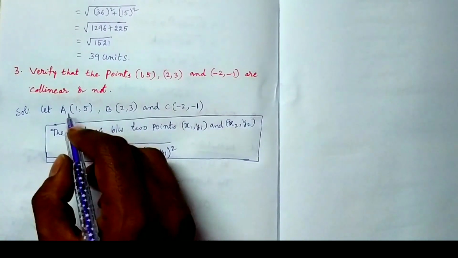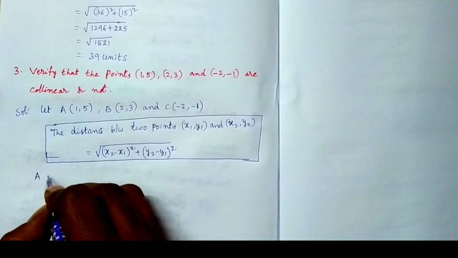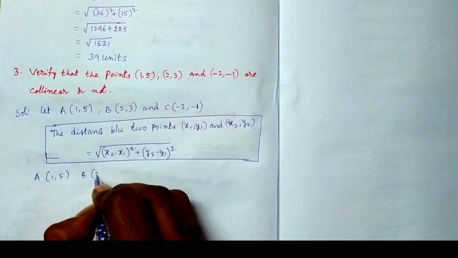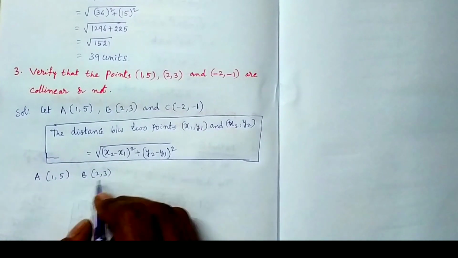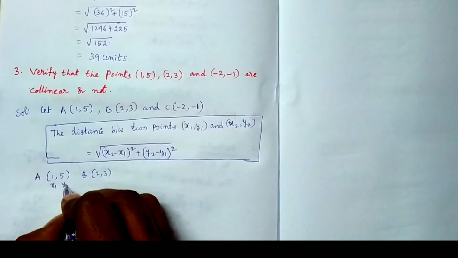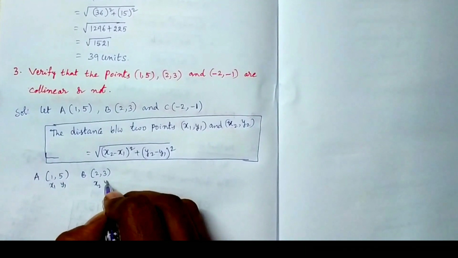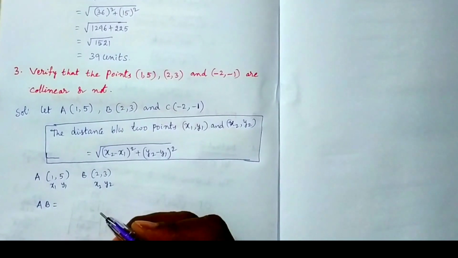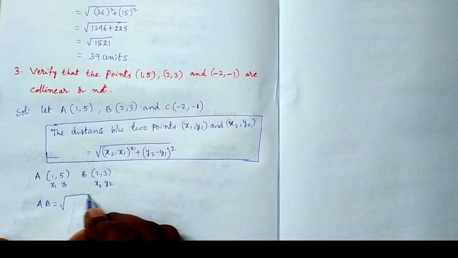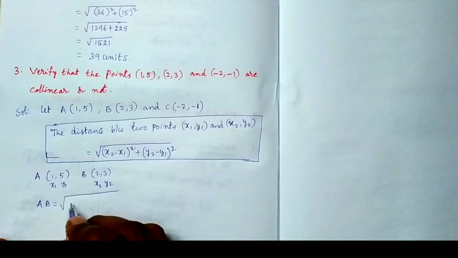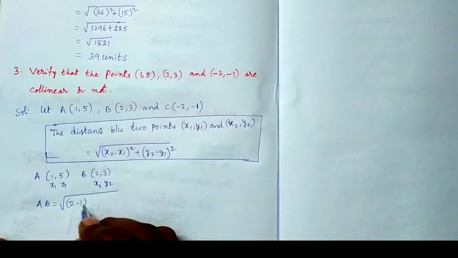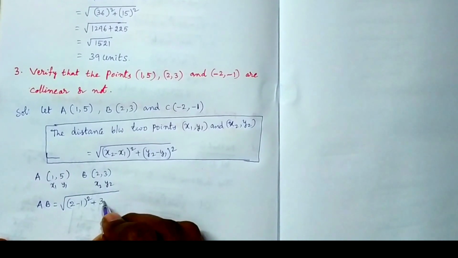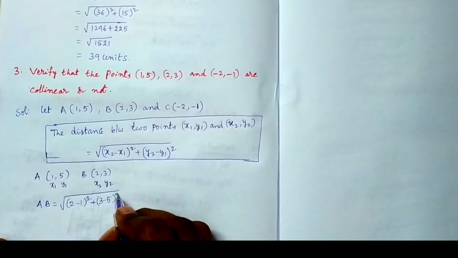After that, take these 2 points A and B, here A (1, 5), B (2, 3). Take as x1, y1, x2, y2. AB is equal to square root of (2 minus 1) whole square plus (3 minus 5) whole square.